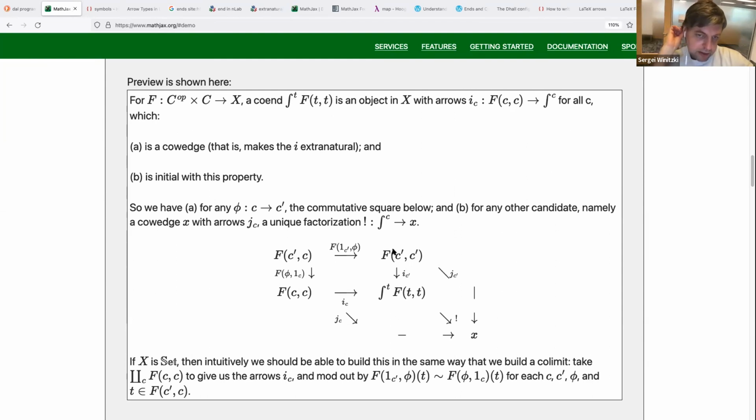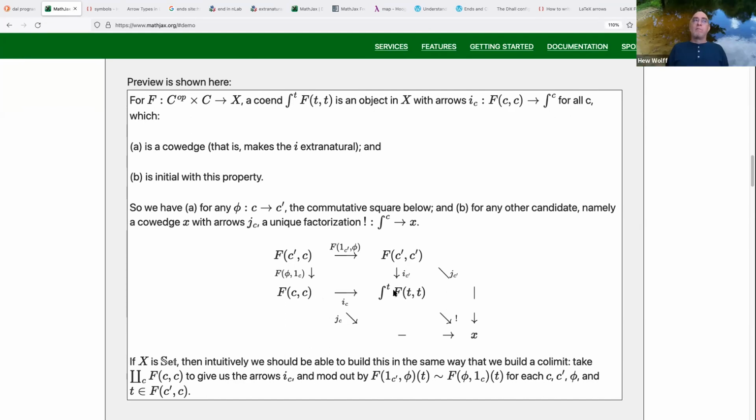Then I say that these elements must be injected into the same value. But they will be in completely different parts of the coproduct. Yes, the types C prime and C are different.